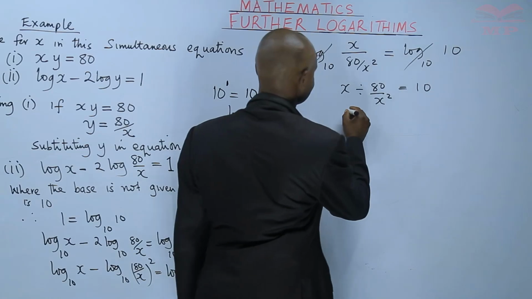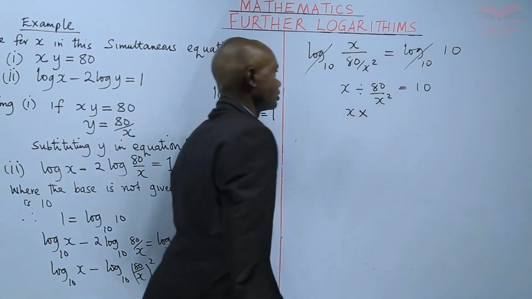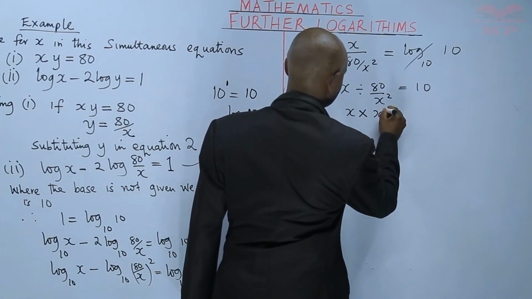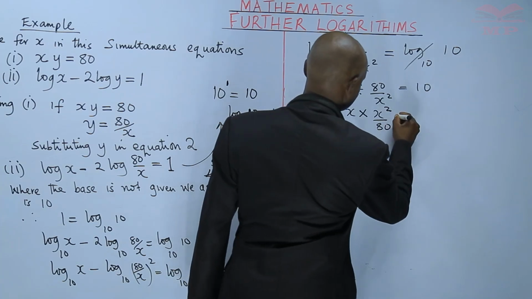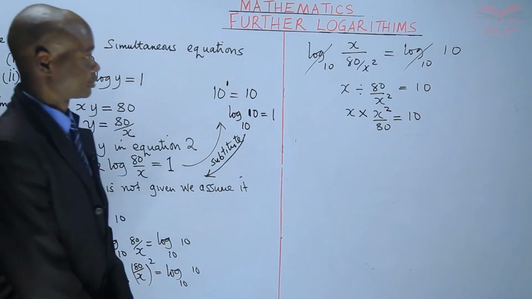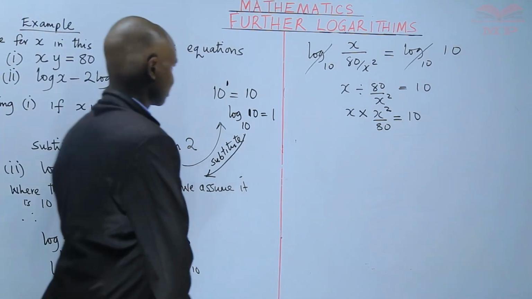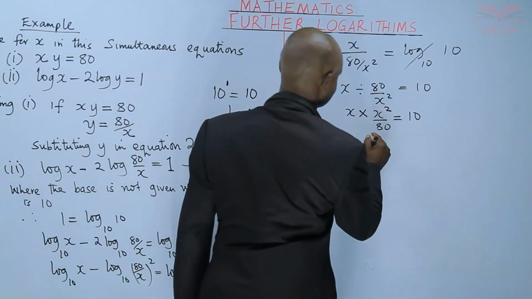This will become x times x squared over 80 is equal to 10. So x times x is x cubed.